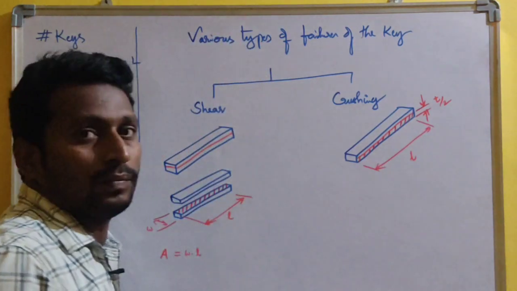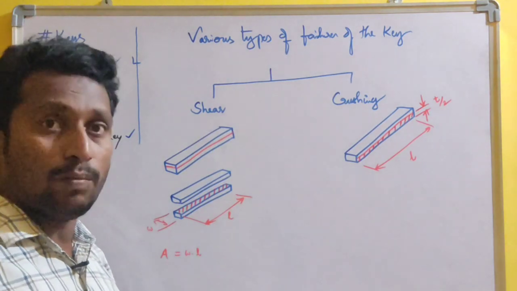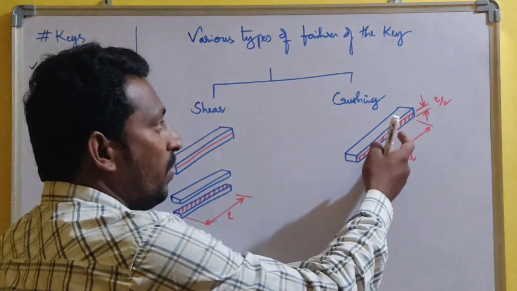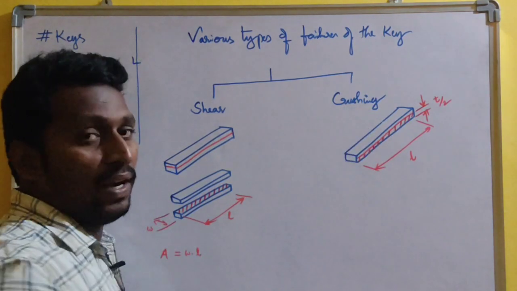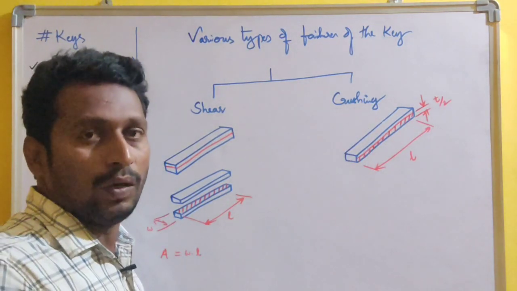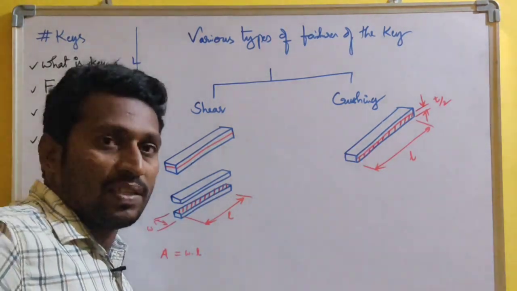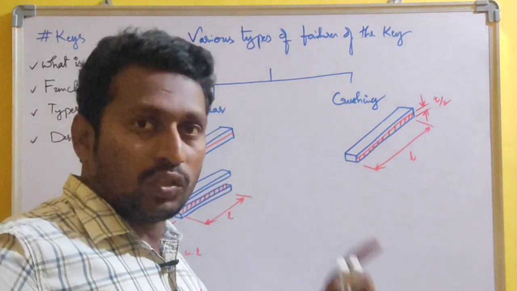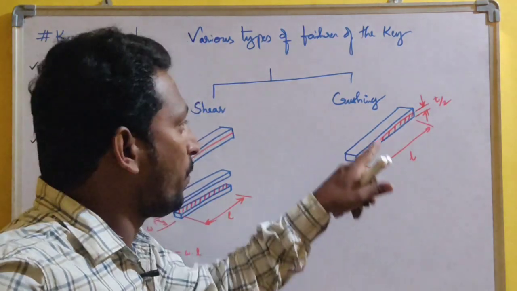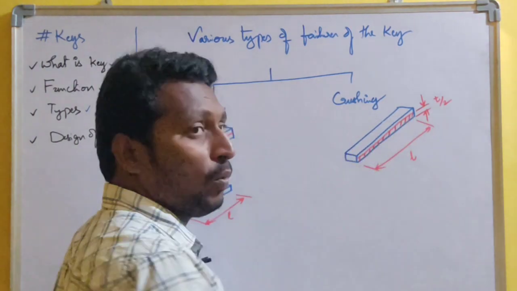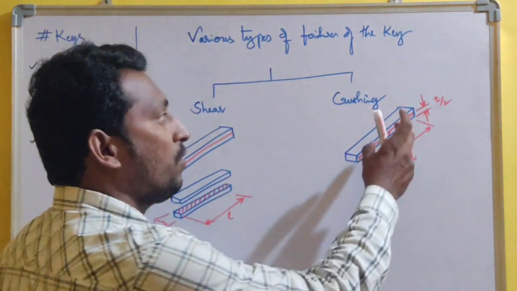small l. When there is a twisting moment in the shafts, there will be a contact surface between the key material and hub material. Also there is a surface contact between the shaft material and the key material. That will be in half portion only, so we will consider only the half portion.